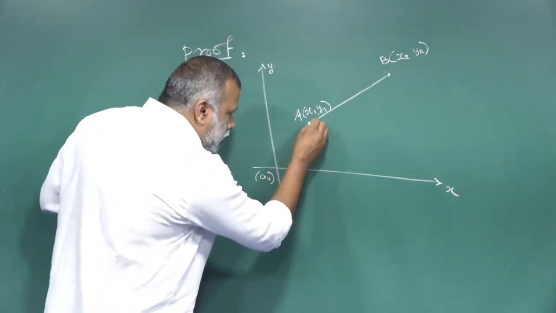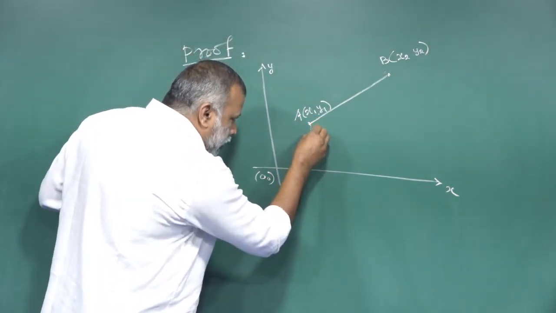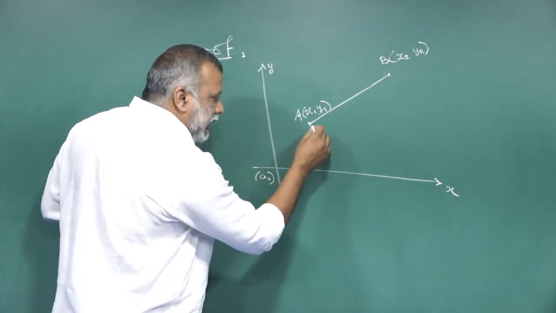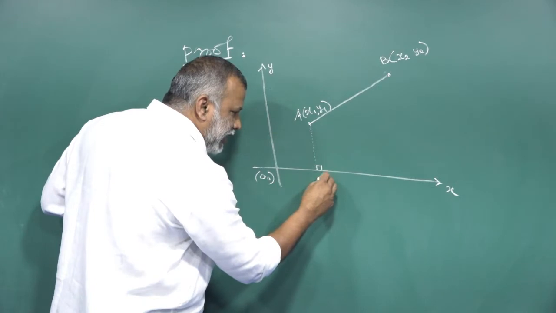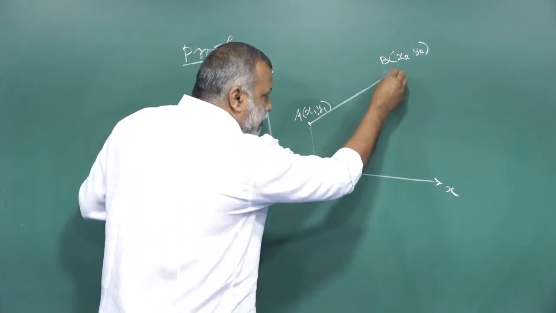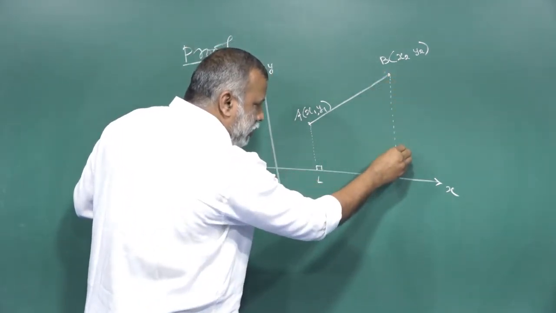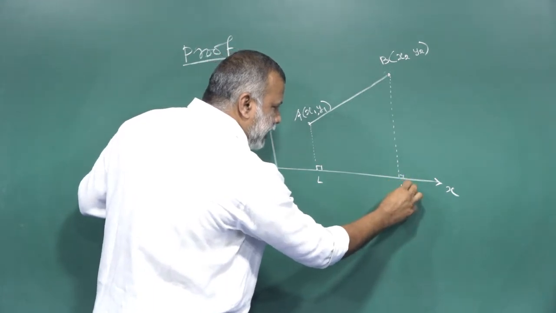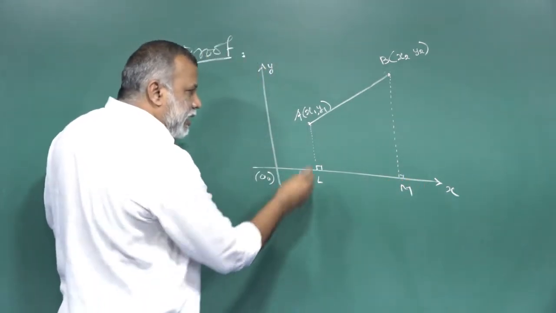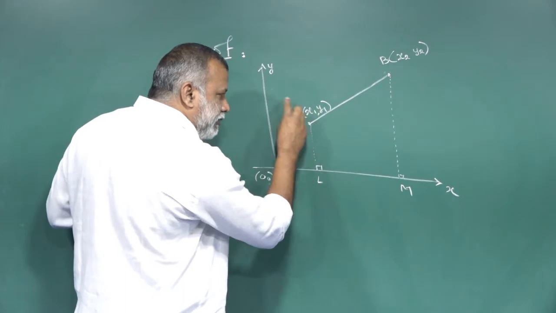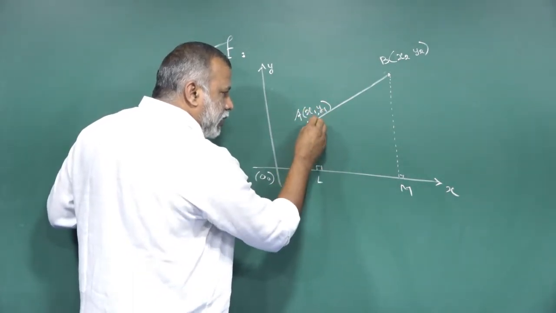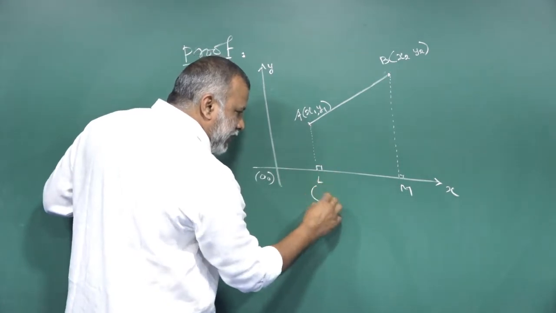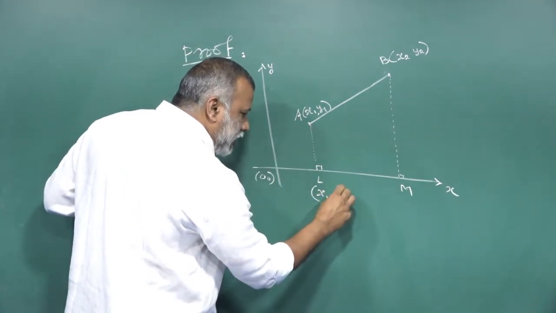Now draw a perpendicular line from this x1 comma y1, and give it the name L. From this point also I am drawing a perpendicular line, and I am giving it the name M. Since A of x1 comma y1 is a point in this plane, on the x-axis it should be x1 comma 0.